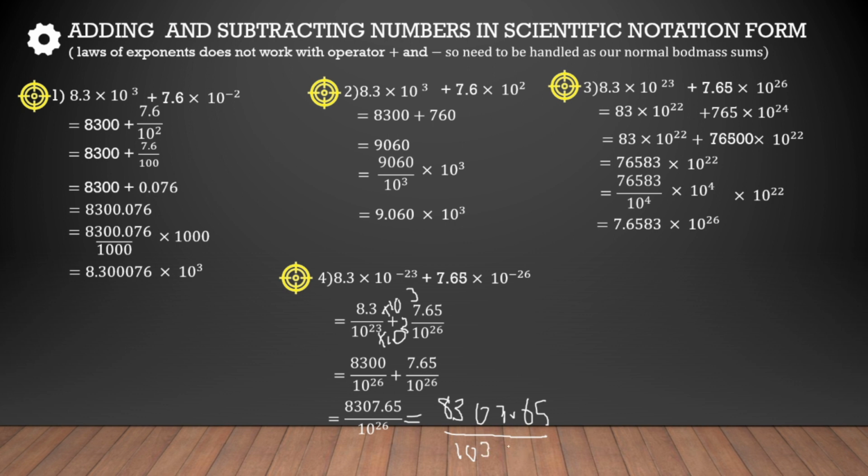This is 10 raised to power 3. And then here we will have 10 raised to power 23. No? So what will be our answer? 8.3075, okay, into 10 raised to power minus 23. No? So this is our answer.